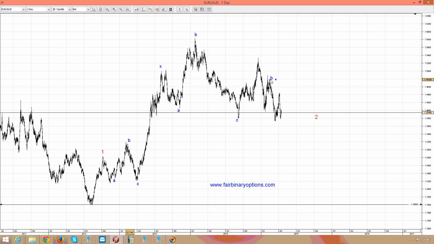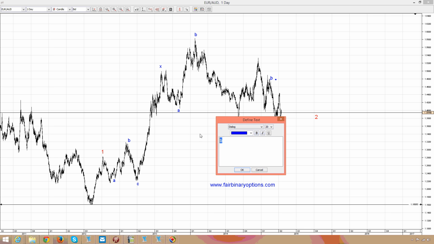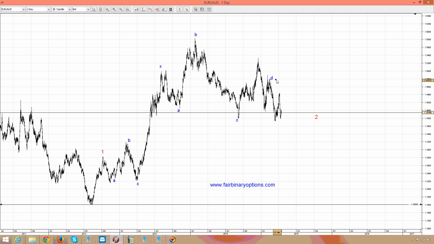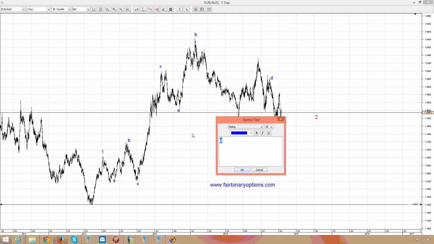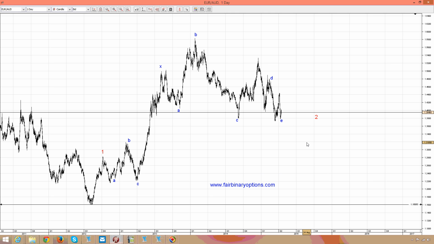I would say ideally in here, and the E wave is probably in the makings in here, A, B, C, D and E. Like any contracting triangle, it is traveling between the A and C and B and D trend lines, so we just gotta go and drag the A and C trend line from here to here. Then the B and D trend line from here to here.